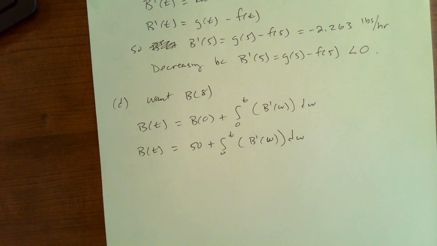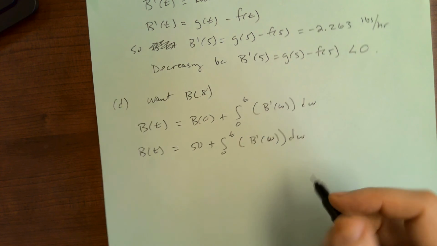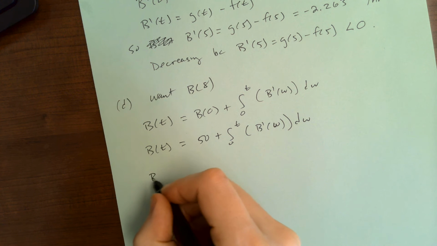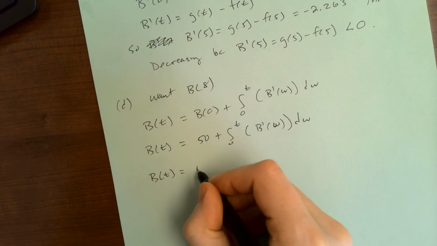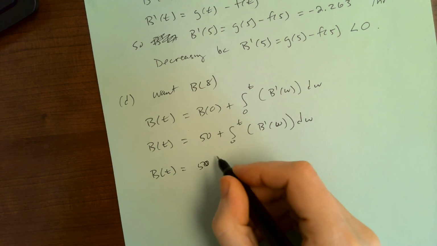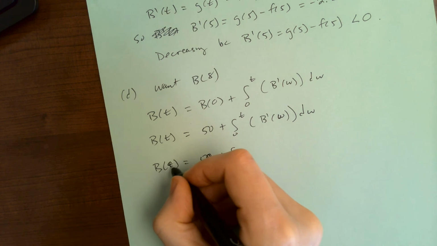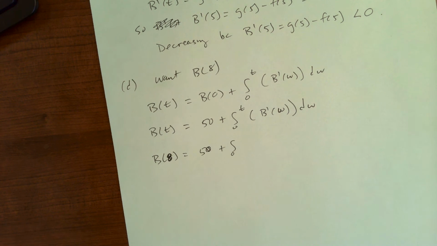Okay, now guys, actually, I could have done this right now. So B of t, and you could do this in many fewer steps than me, is 50 plus the integral from... no, B of 8, my bad.